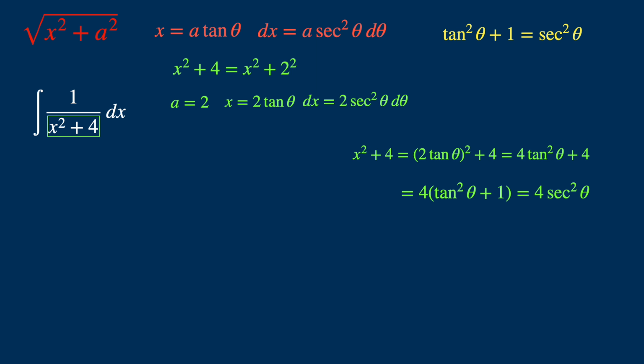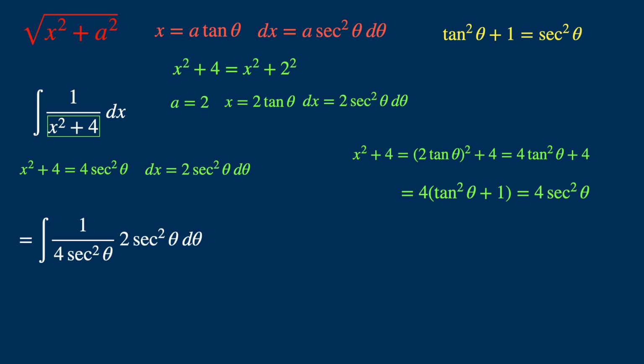We use tangent squared theta plus 1 is secant squared theta, so you have 4 secant squared theta. Now plugging back everything: x squared plus 4 is 4 secant squared theta, and dx is 2 secant squared theta d theta.